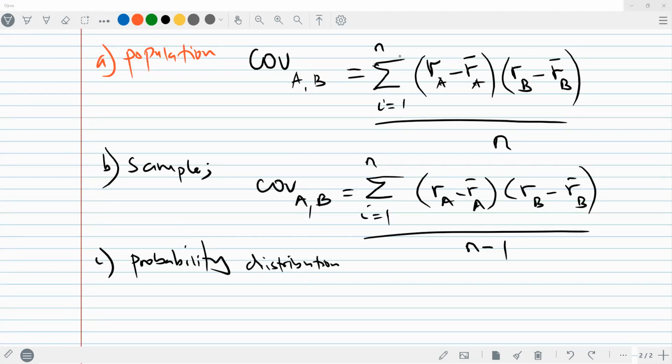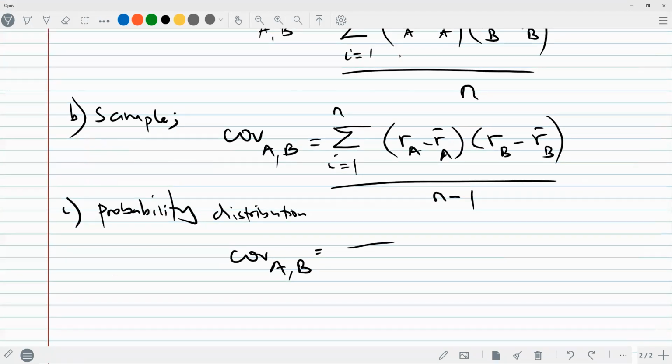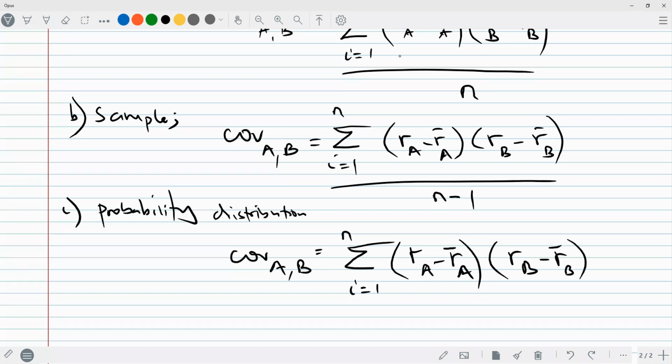In the case of a probability distribution, the covariance of return of A towards return of B will be given as the sum, i equal to 1 all the way to the nth outcome, of the deviation of return of A from the mean multiplied by the deviation of return of B from the mean, and the probability.